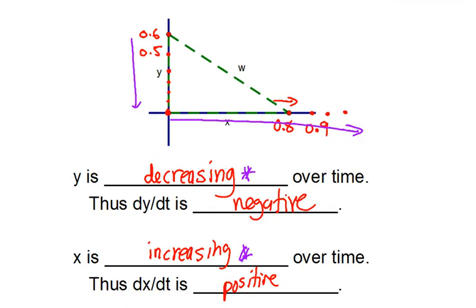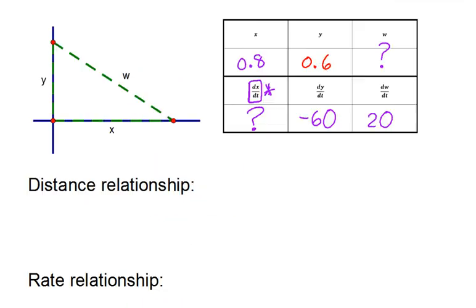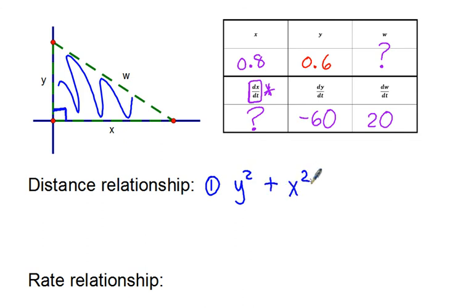Okay, so what do we know? Well, we're told that it's a right-angled intersection, and we know an awful lot about right triangles. We have a ton of experience with them. And so the distance relationship is simply the Pythagorean equation. y squared plus x squared should be equal to w squared.